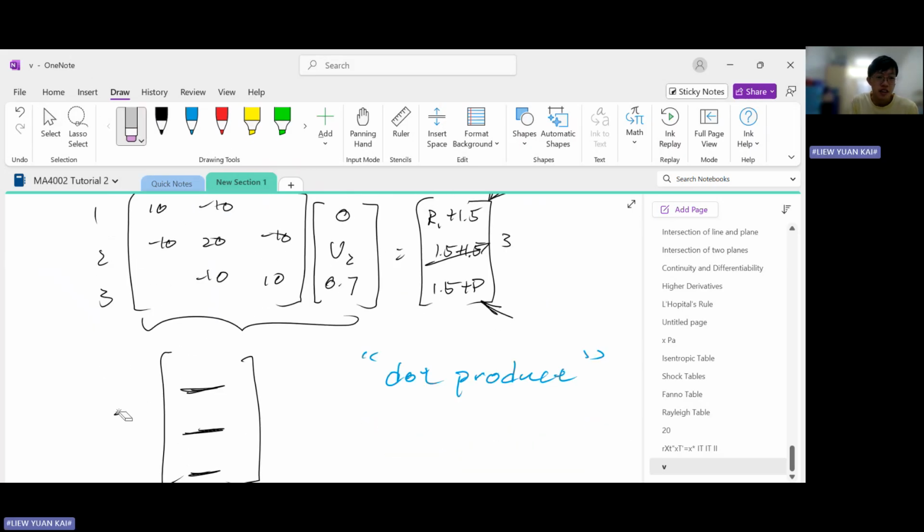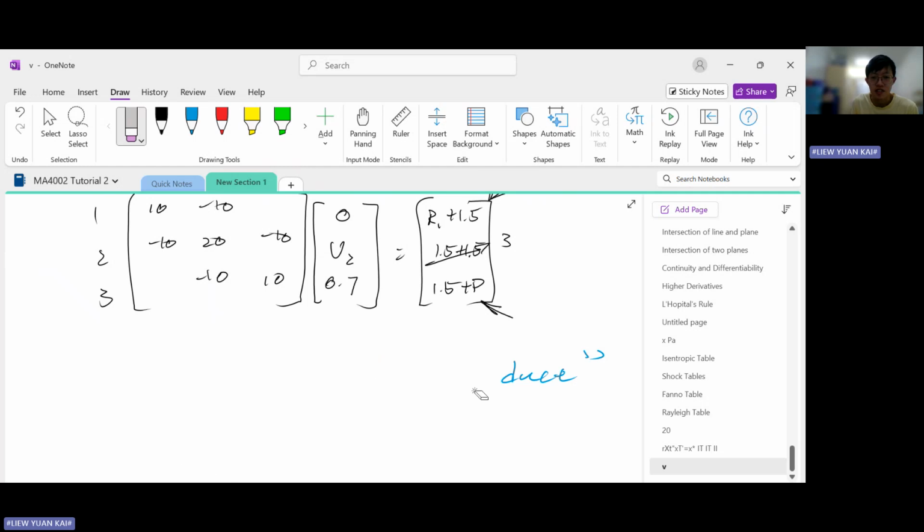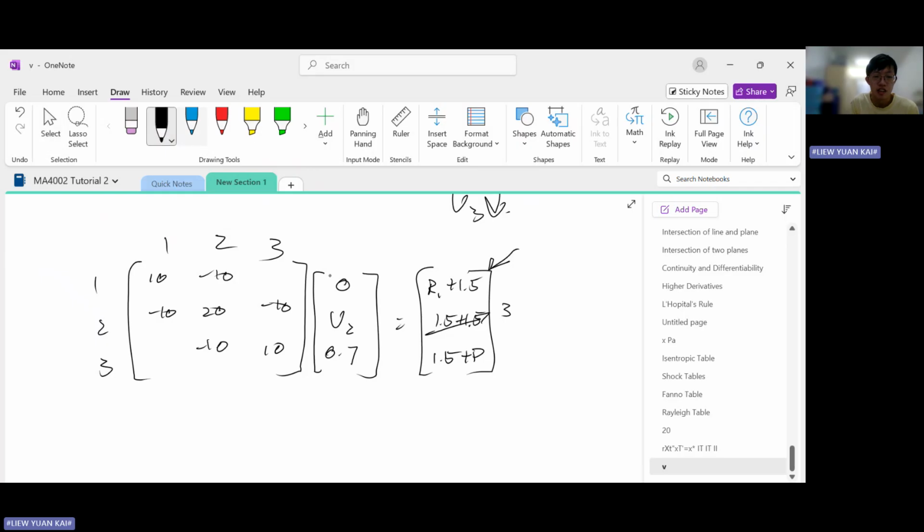Okay, what is my point? My point is that the reduced equilibrium equation is a bit counterintuitive. So what do I mean? Let me reduce this equilibrium equation again. Because node 1 is 0, I will cancel row 1, column 1. Because node 3 has a non-zero displacement boundary condition, I would only cancel row 3.